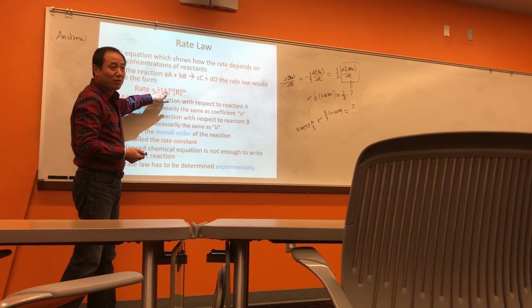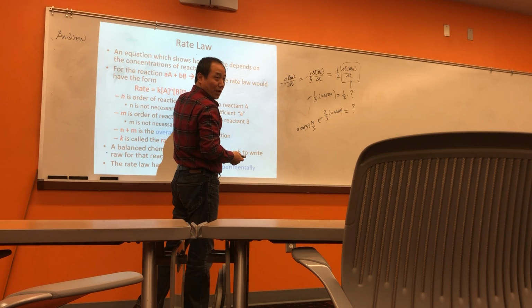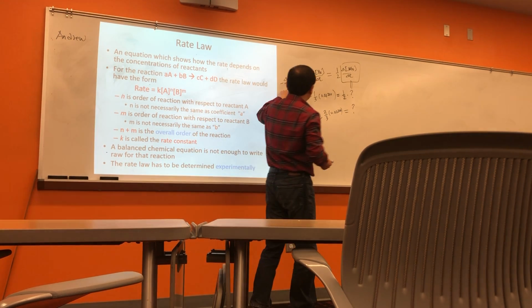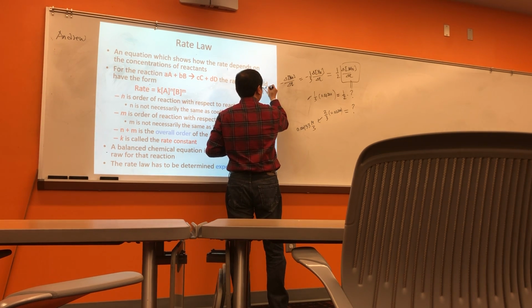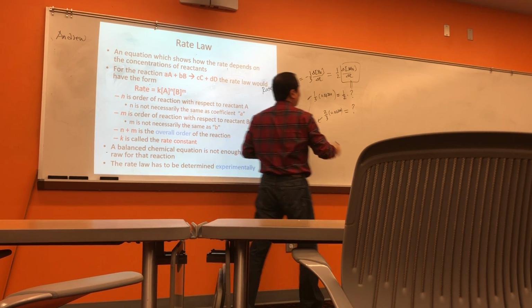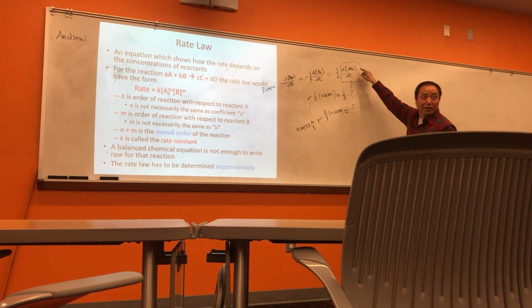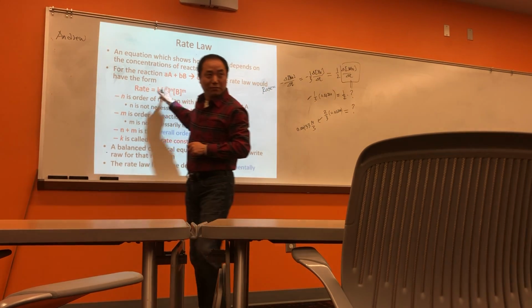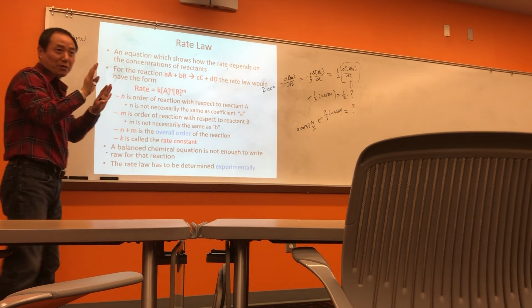It's not affected by product concentration. But when you calculate the reaction rate, you could use product, you can monitor product concentration, okay? You can monitor it, but that doesn't affect reaction rate itself. So be careful about it, okay?